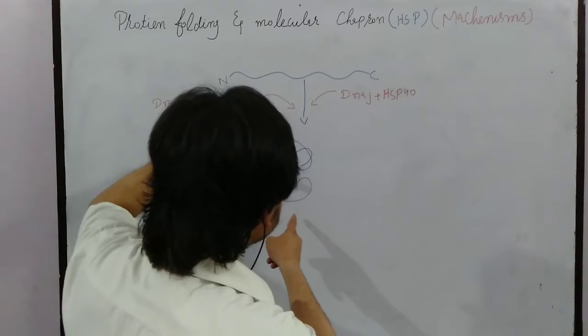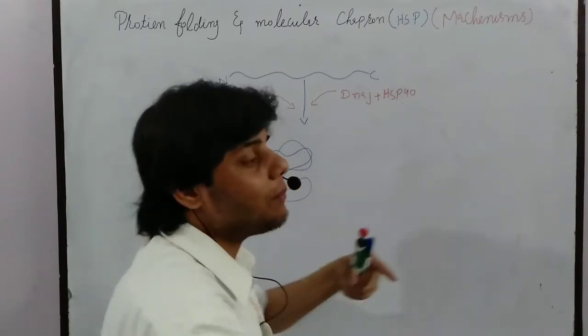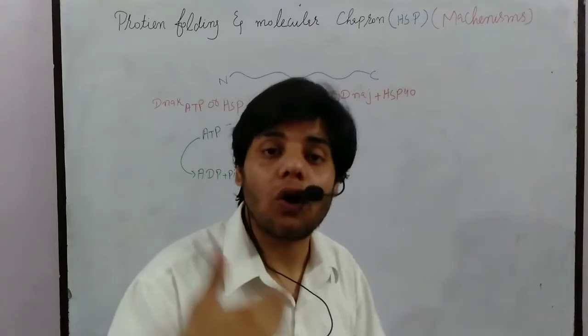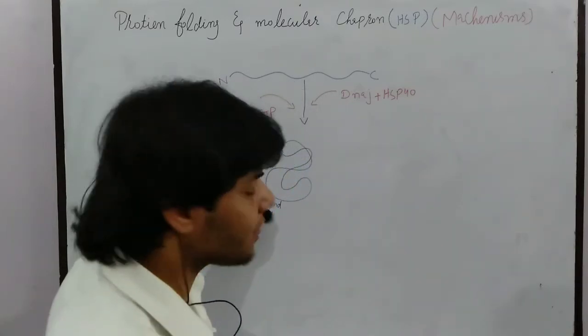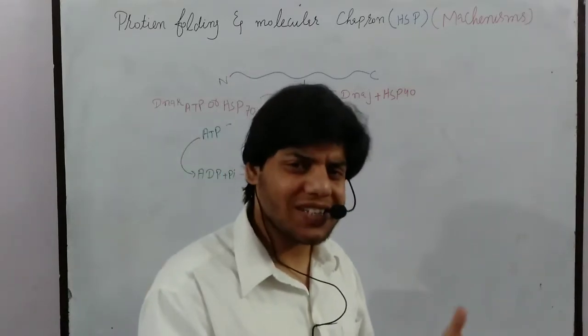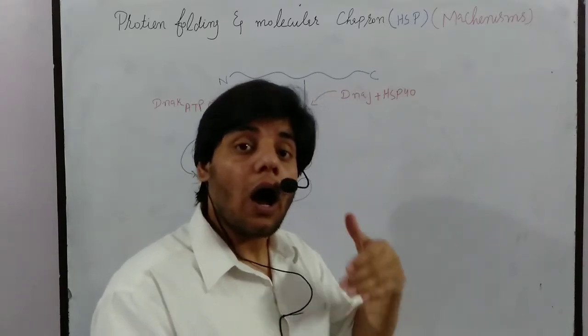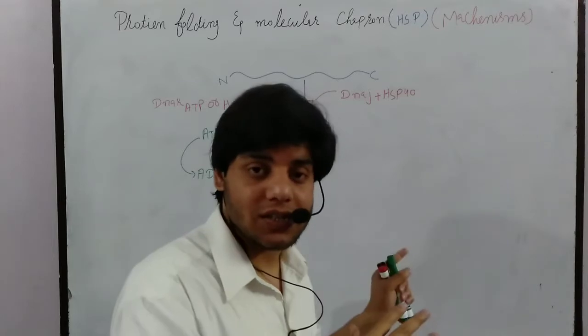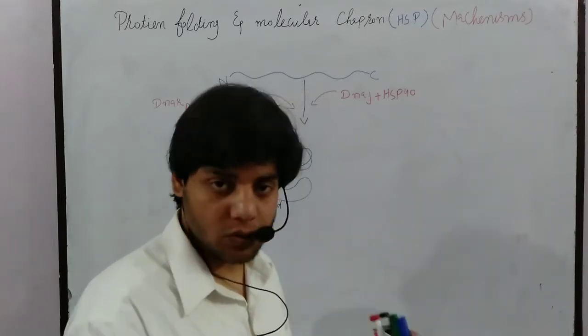So this folded form will sometimes be further modified. It will be converted into a tertiary or quaternary structure. Let's suppose this is the secondary structure of the protein, which is non-functional. In some cases it will be functional. In most cases it is functional, but in rare cases it is non-functional.